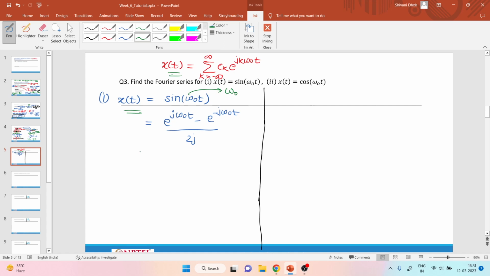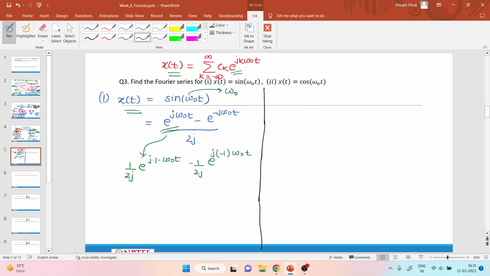I can write this as 1 by 2j e power j 1 omega naught t minus 1 by 2j into e power j into minus 1 into omega naught t.